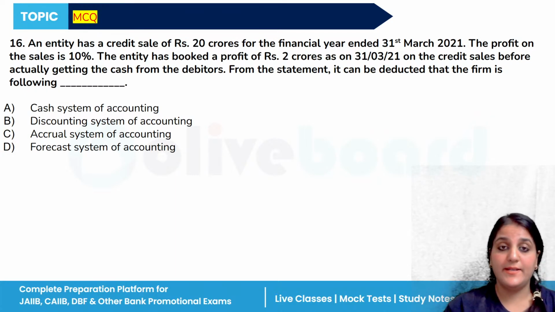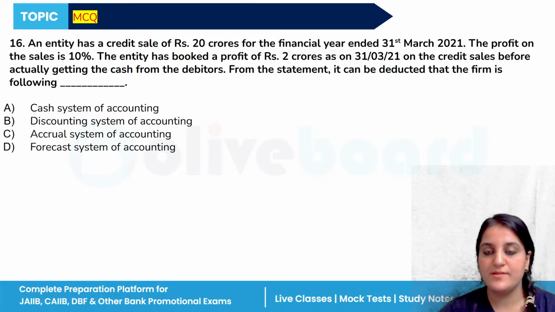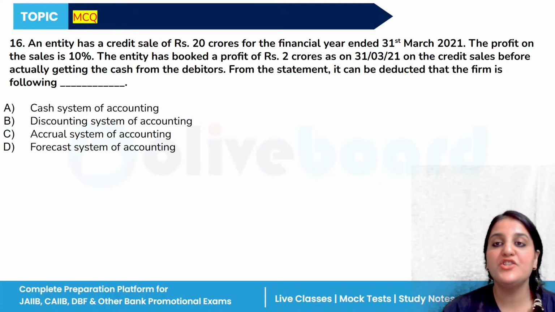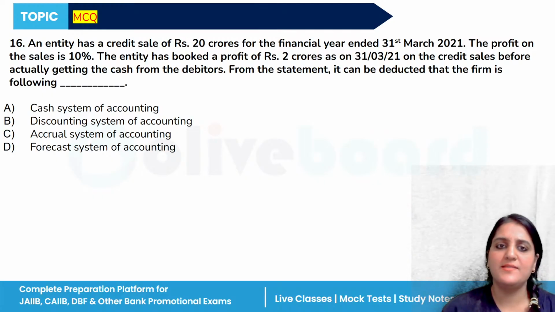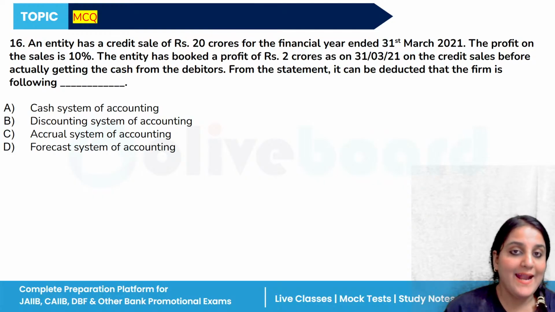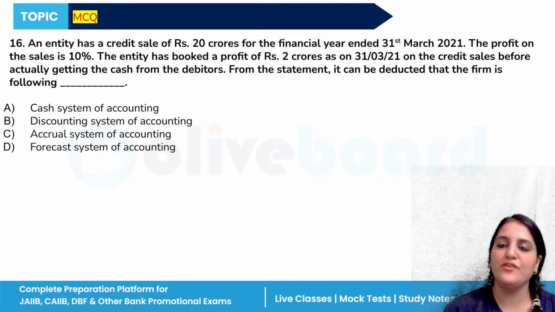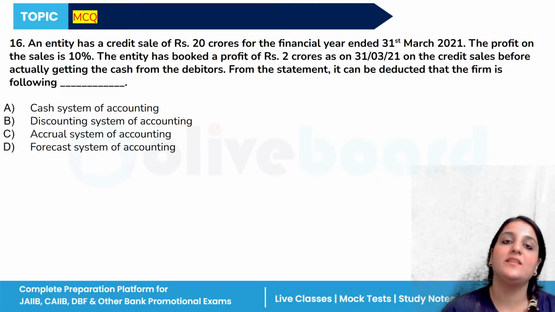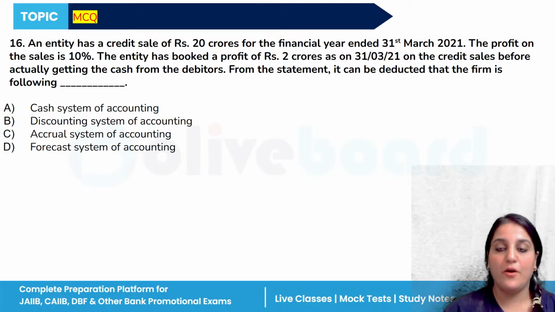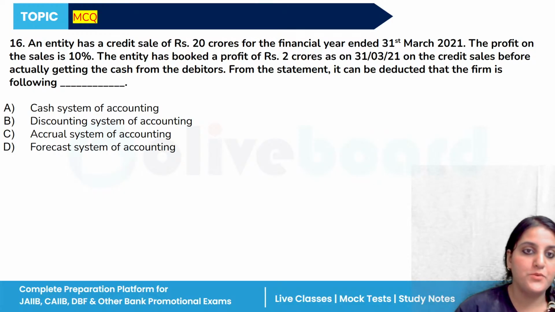Now, an entity has a credit sale of rupees 20 crores for the financial year ended 31st March 2021. The profit on the sale is 10%. The entity has booked a profit of rupees 2 crore as on 31st March 2021 on the credit sale before actually getting the cash from the debtors. From this statement, it can be deduced that the firm is following, and four options are given.